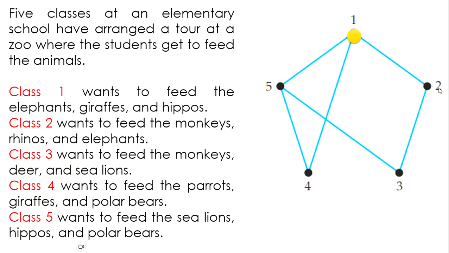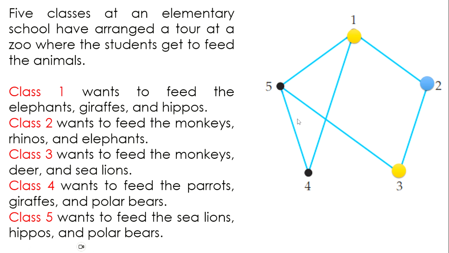So we need to make sure that class number 2, class number 4, and class number 5 are not yellow. Okay, so in this case, only class number 3 will be considered since they don't share a common animal. Then for class number 2, as you can see, we cannot pick both class number 4 and 5 since they are connected, but we can pick either 4 or 5.